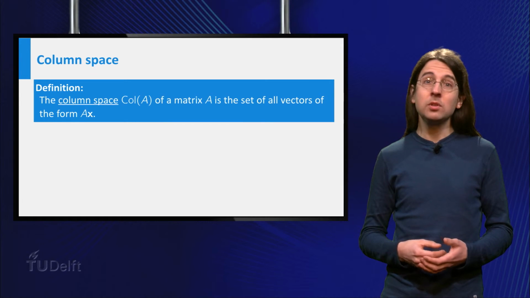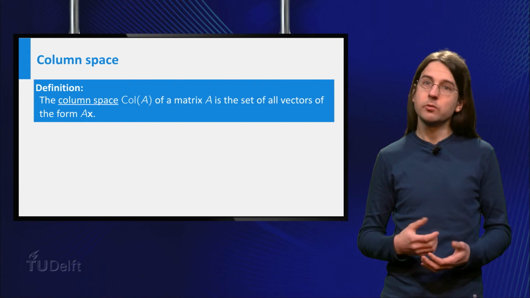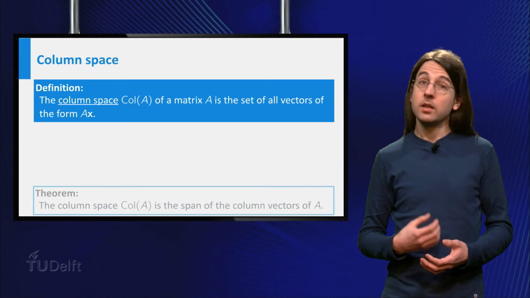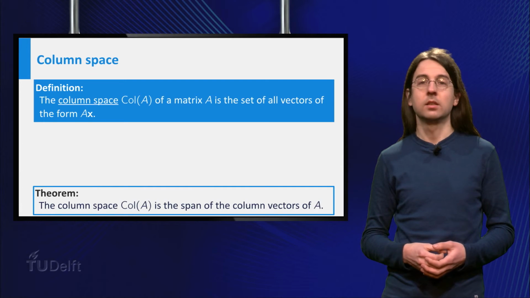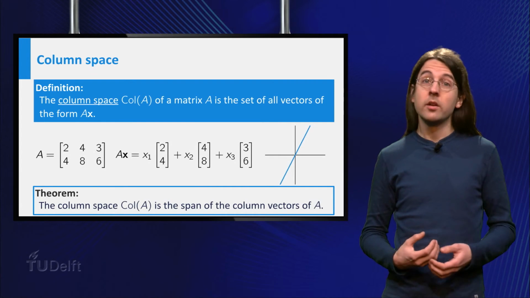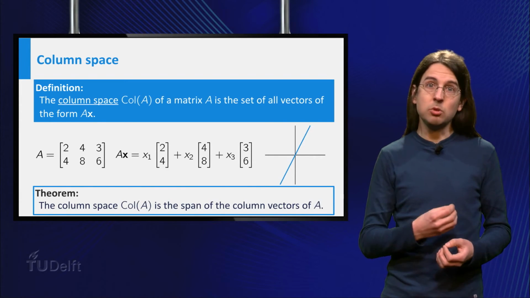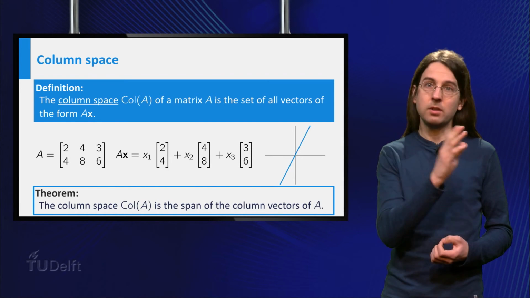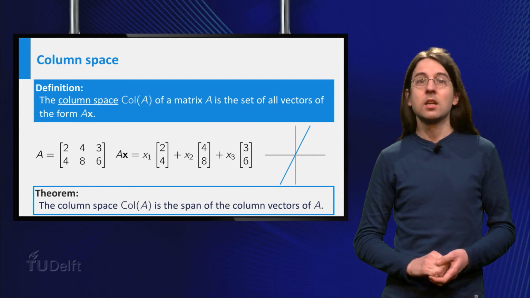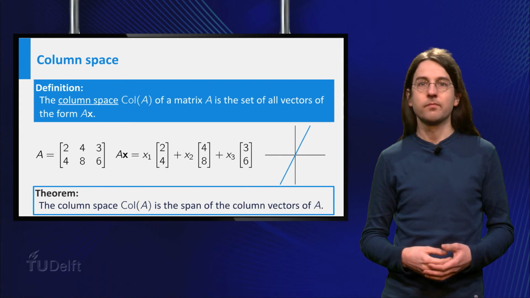Another important example is the column space of the matrix A. This is the set of all vectors which can be written as A times x for some vector x. It is called the column space because it's the span of all the columns of the matrix A. Indeed, you know that by definition of the matrix vector product, A times x is x1 times the first column of A plus x2 times the second column, etc. So different vectors x create all linear combinations of the columns as outcomes of A times x.